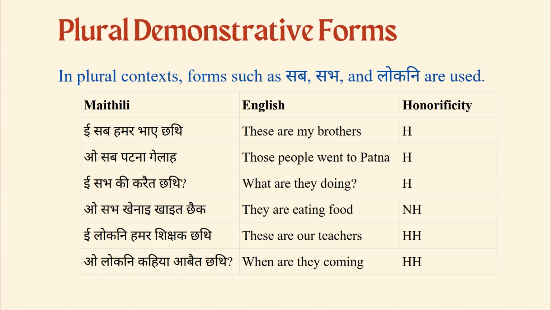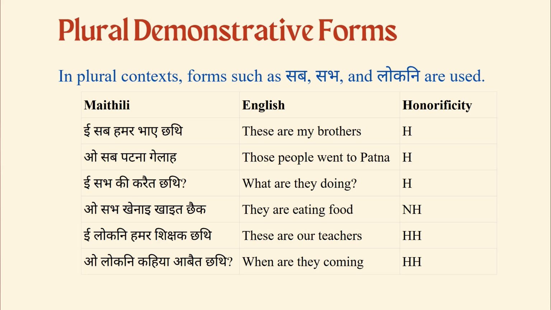So we see either you attach sab, or we can also attach lokni or loken to make the demonstrative plural. So it will be e loken hamar sikshak chhatin. These are our teachers. Again this is highly honorific.